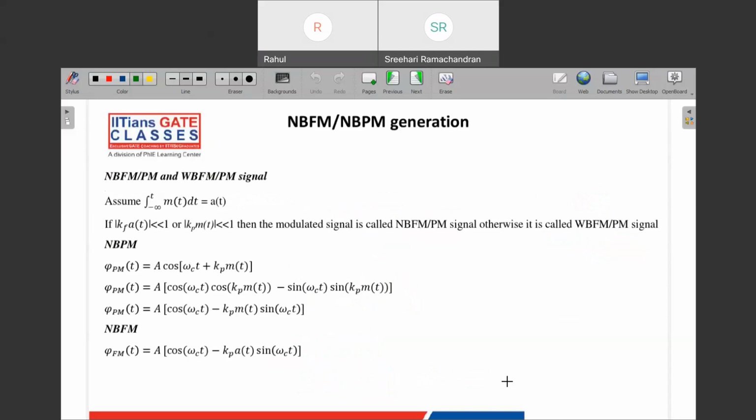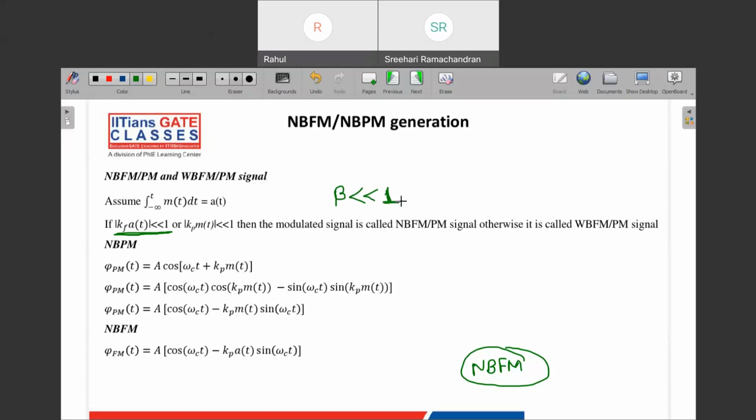Now let's talk about what is wideband FM and what is narrowband FM. First we'll talk about narrowband FM. Any signal which satisfies this criteria, k_f into e(t) much less than 1, or sometimes we call it beta, the modulation index, much less than 1, is known as a narrowband FM signal.